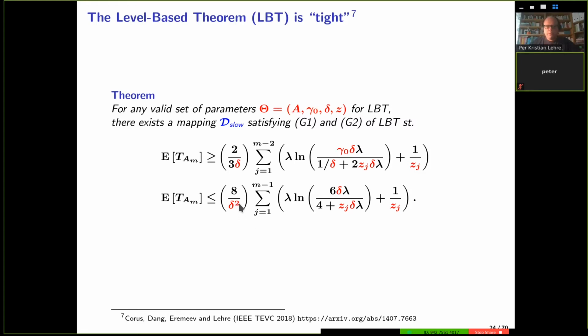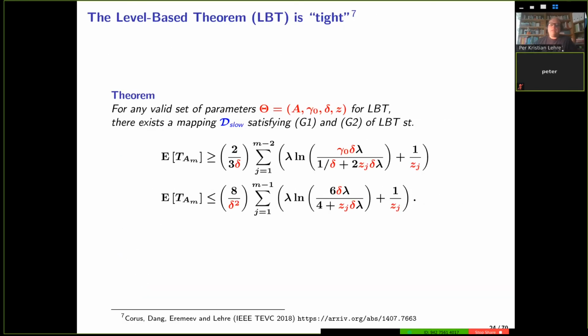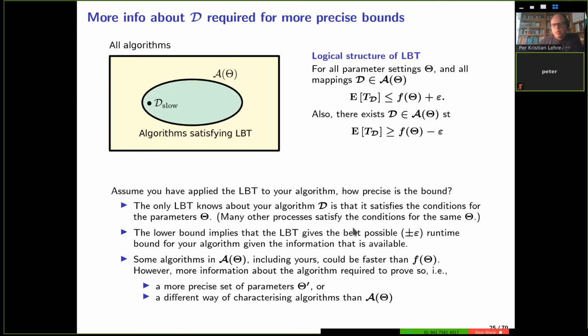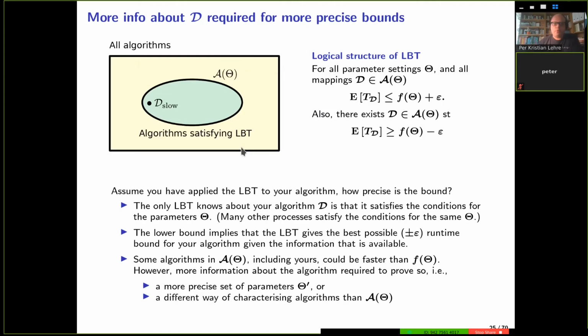Here we have delta square, in the lower bound we have delta, and there are some slight differences in the constants. As I said, for a given set of parameters, it is possible that your algorithm is faster than this. However, in order to prove this, you need to provide more precise parameters, because the only thing that this theorem knows about your algorithm are those parameters.